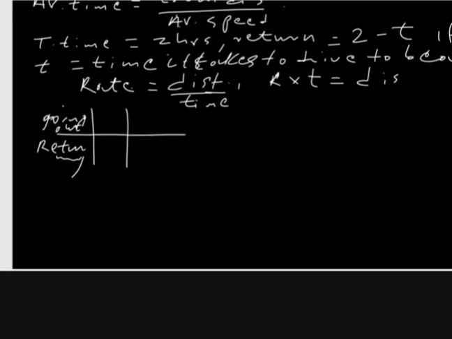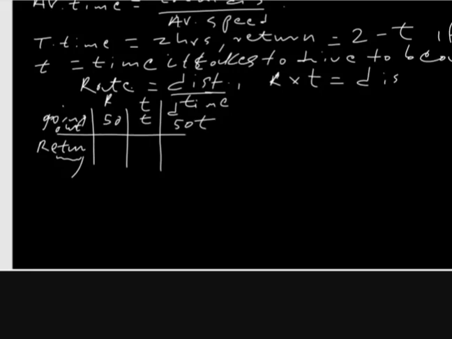Here is rate R, here is time T. The rate is 50 and the time is T. So now the distance D is 50T.